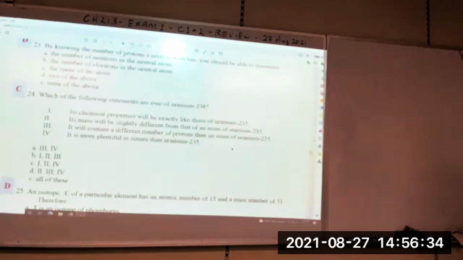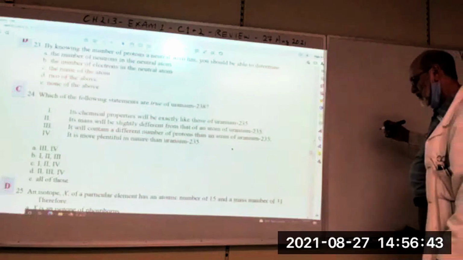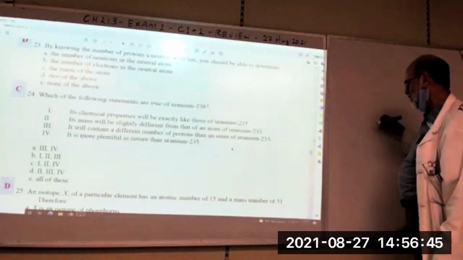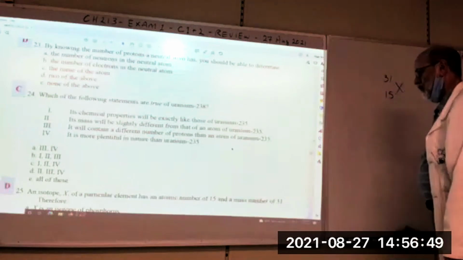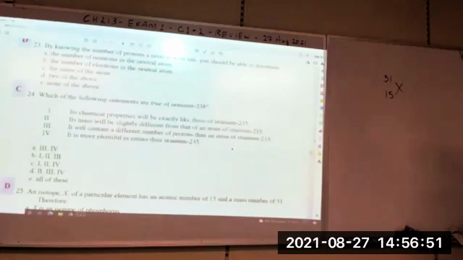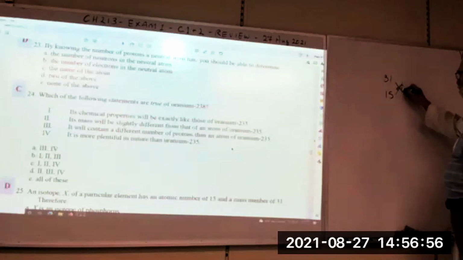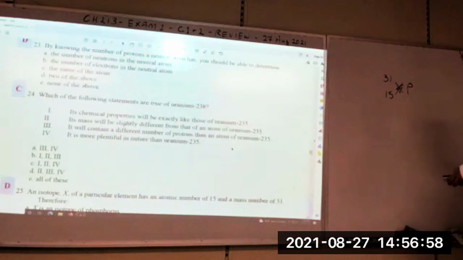An isotope of X has an atomic number of 15 and a mass number of 31. So what can we say about that? Well, if it's 15, let's say it's phosphorus. We know that. X is an isotope of phosphorus.